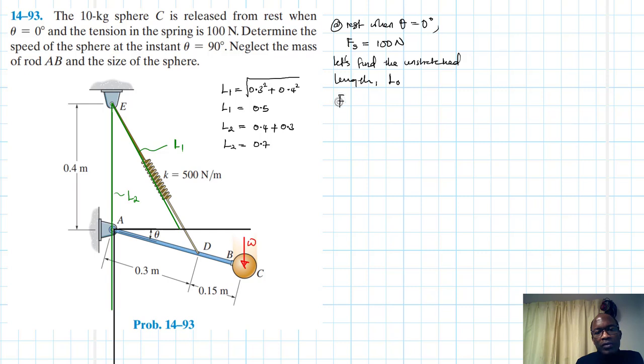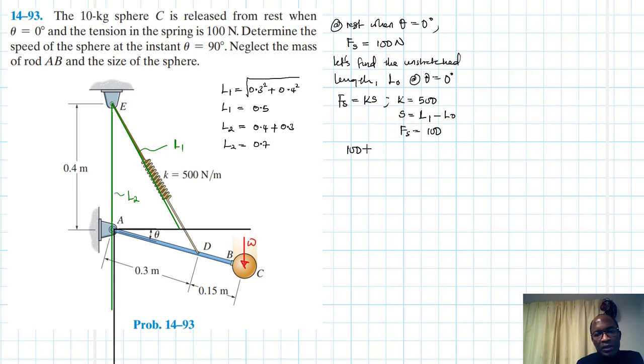We know that Fs is just equal to k s, where k is equal to 500 and s is equal to L1 minus L0, at theta equal to 0 degrees. And Fs is equal to 100.